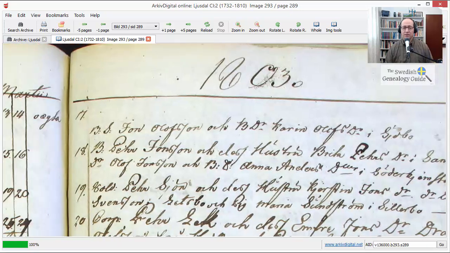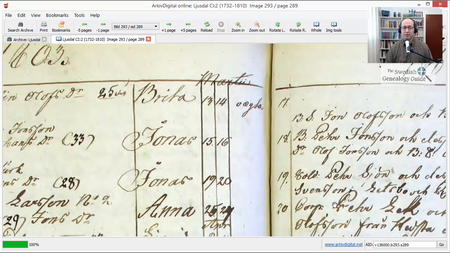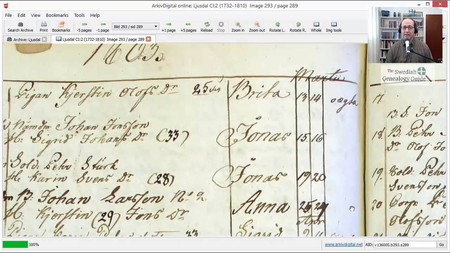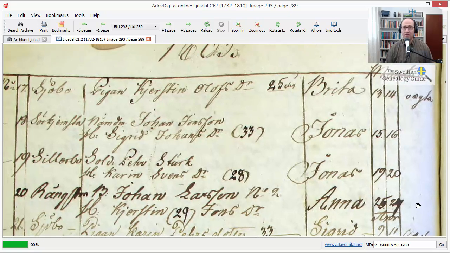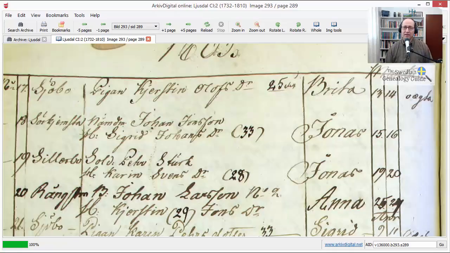So let's go to a word that maybe you just don't know what it means, and you'd like to use an online tool to help you figure out what it is. And let's look at this word right here. It's the occupation of the dad. And as we look at that, we see that it begins with the letter N, like Nancy. And then you've got the A, which is the A with two dots above it.